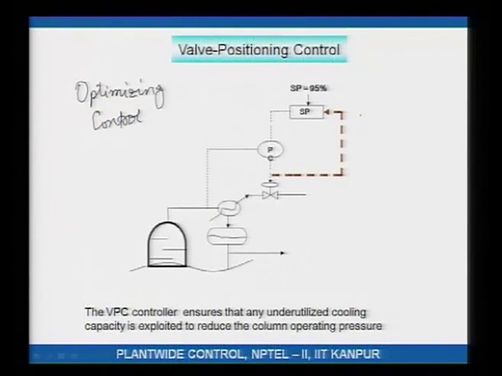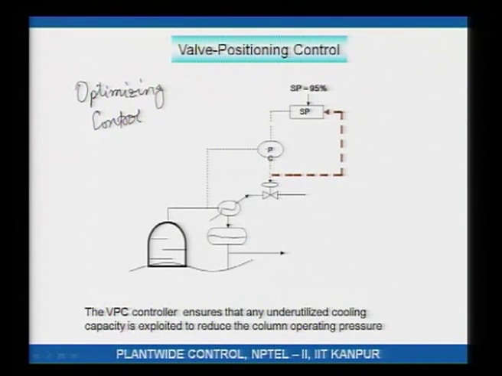Okay. By the way, getting back to the column, since this is there, I should highlight this. You see, when you have this kind of a system in place, the pressure of the column will float, all right. So, days are hotter, and since the days are hotter, the minimum achievable operating pressure would actually be higher.